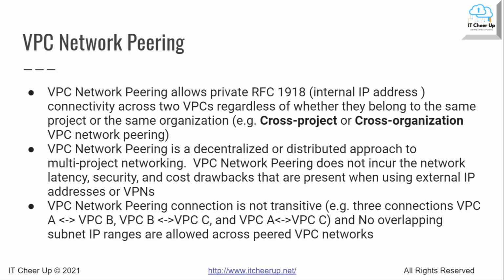For example, if there are 3 VPCs, then you need to create 3 peering connections among them. You need to create a peering between VPC A and VPC B, then VPC B and VPC C, and also the peering between VPC A and VPC C, because the connection is not transitive.